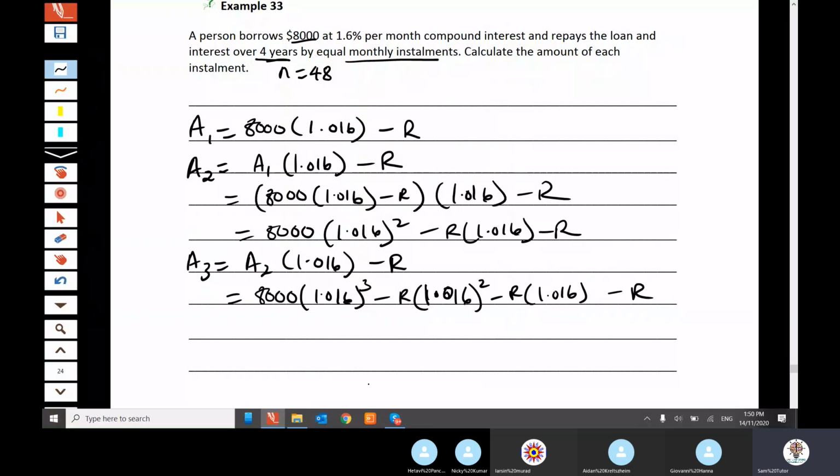Next line. Same thing as before. We want to write it as increasing rather than decreasing. Now, this 8,000 is not going to be part of your series. It can't be because it doesn't even have an R. So just leave that. Minus, we'll factorize what's common from all three.